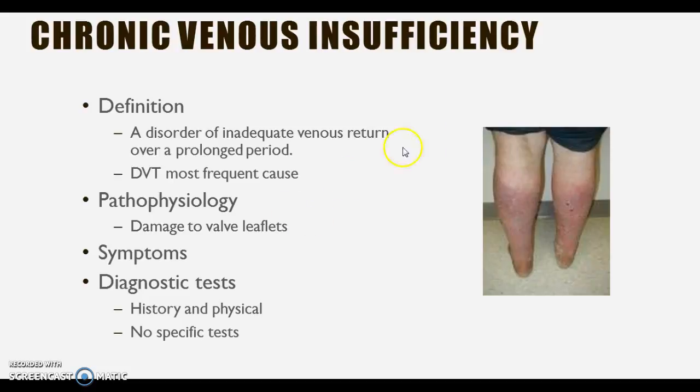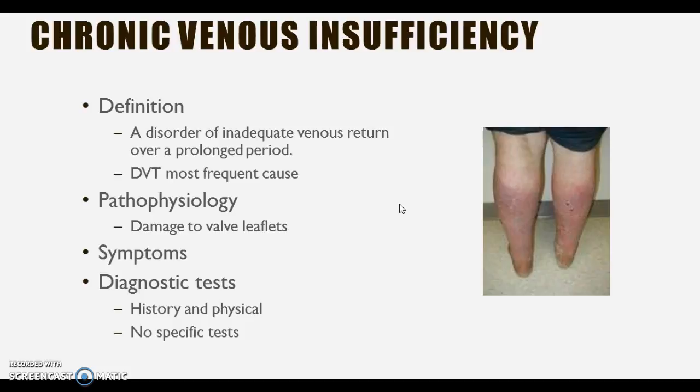What we're going to see with chronic venous insufficiency is damage to the valve leaflets. And so with this, we're going to see this line of demarcation. You can see right here, we have a line of demarcation where we have blood engorgement of the lower veins, and then where the valves are competent, we're going to see nice pink.